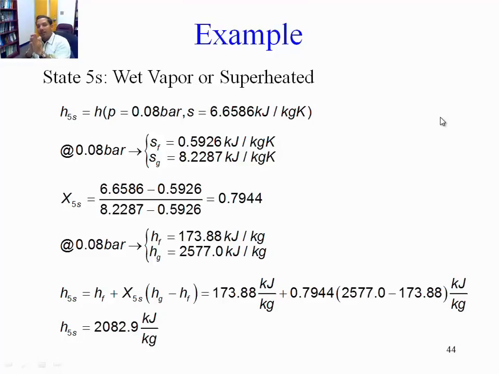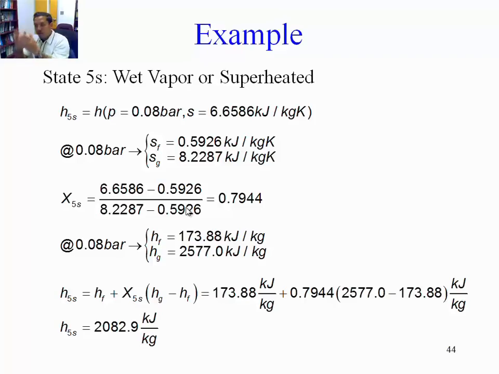State 5 is the final exit of the turbine, in which the vapor has been expanded to a pressure of 0.08 bar, and the entropy remains the same as in the inlet. We check the entropy of saturated liquid and saturated vapor at that value, and notice that it's in between the two. We calculate the quality at state 5 is 0.7944.